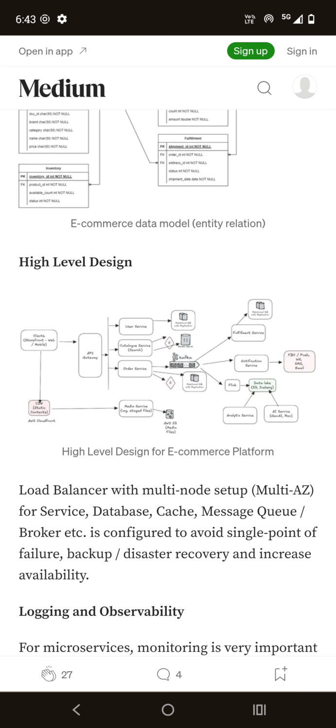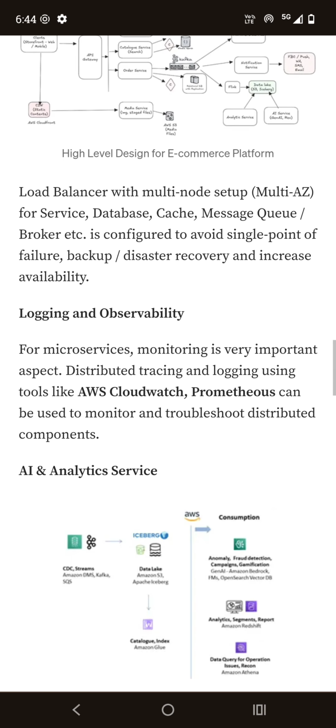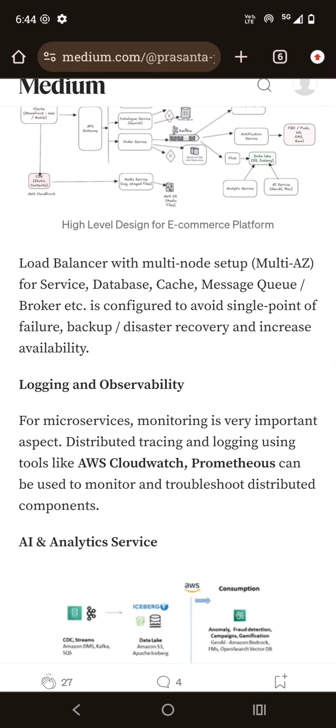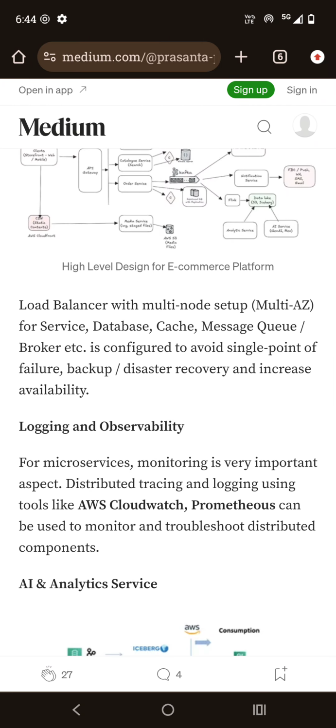Splunk is also there, you can use it for logging, monitoring, and searching purposes. So many third-party monitoring software tools are available in the market, you can use them. So logging is very important. Logging and observability, I told you, are very important, right? You need to enable distributed tracing and logging.